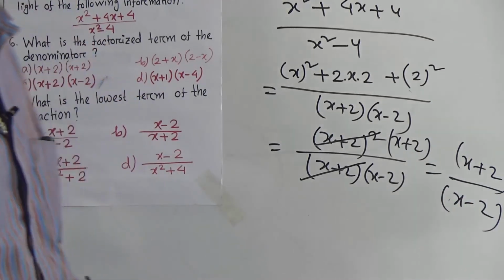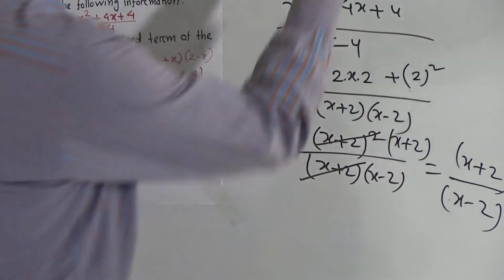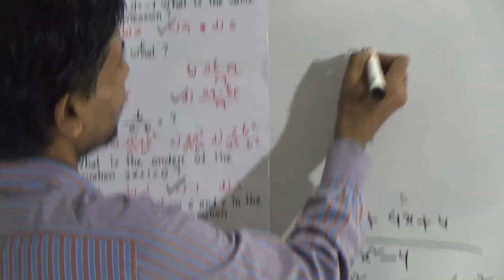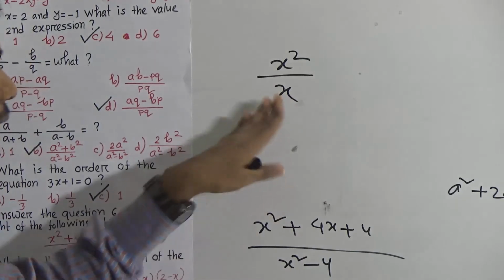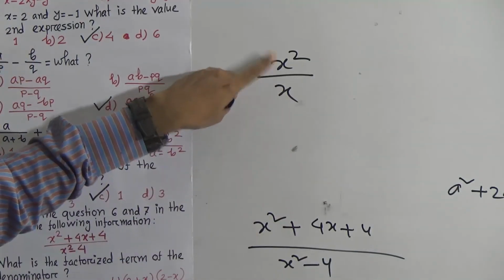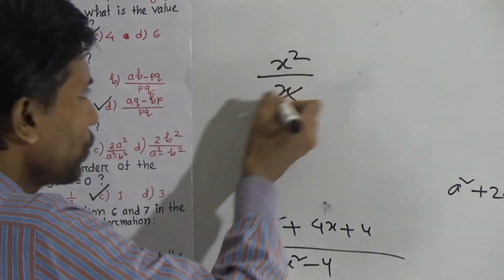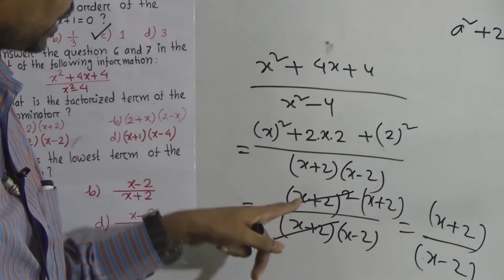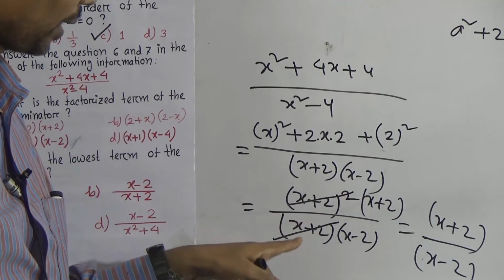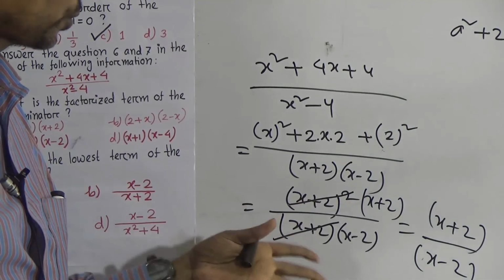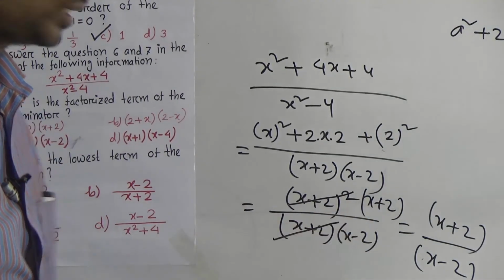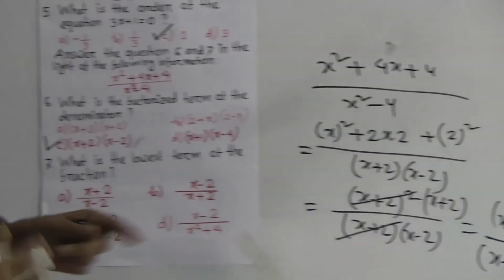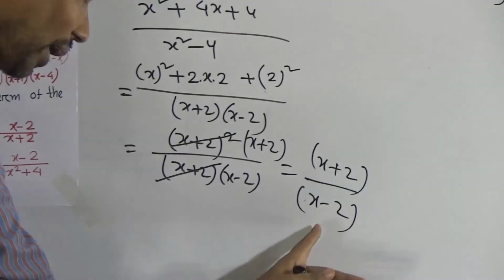Dear student, I think you are confused here. Look at the board. Suppose x is square and you have to reduce x by x. Here the power of x is 2. If you reduce this, then you get another x. In the same way, we divide x plus 2 whole square by x plus 2, and we get x plus 2. Then our result is x plus 2 by x minus 2.